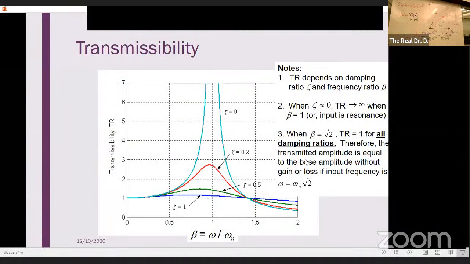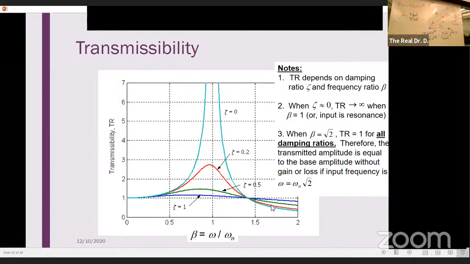Well, if we are already greater than √2, we want to decrease zeta, right? Because why? Just look at the plot. After we pass √2, decreasing zeta gives us more attenuation, or less transmissibility.